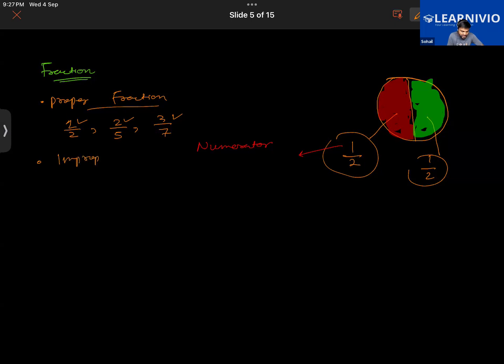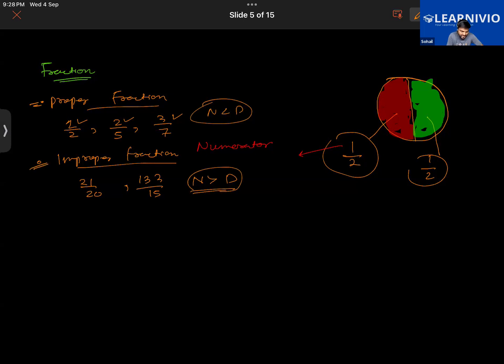Then you have improper fractions, those in which the numerator is greater than or equal to the denominator, like 21 upon 20, 133 upon 15. That's the basic difference between improper and proper fractions.